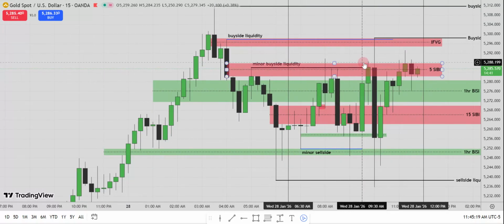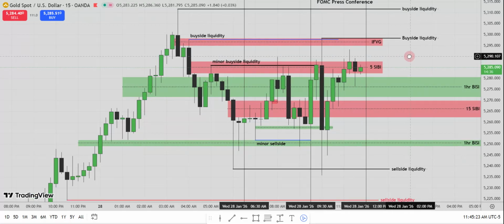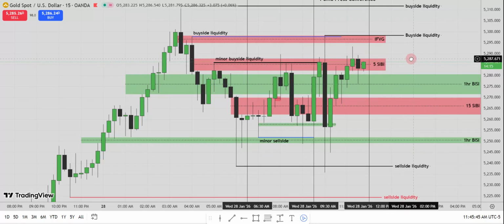The basis of marking out liquidity is just knowing where the market is likely to reach. I said liquidity is like fuel for the market, and it reaches to those points because there have been stops placed there, and those are the retail stops, the people who trade supply and demand.